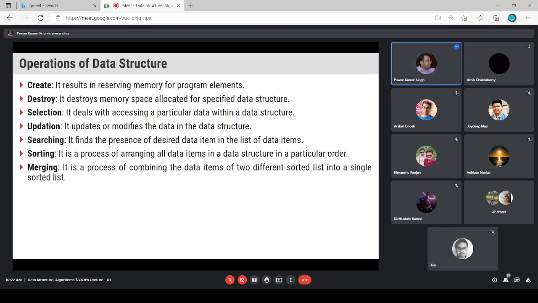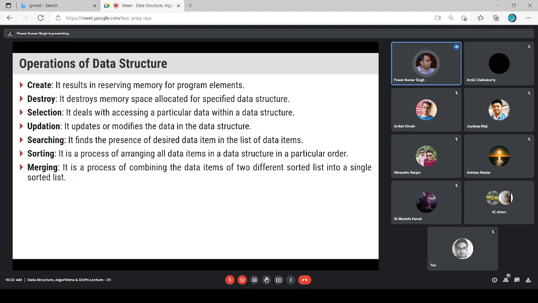Next comes merging. Merging means combining two different data structures. We can merge two arrays, or we can merge two linked lists. It is a process of combining the data items of two different sorted lists into a single sorted list.